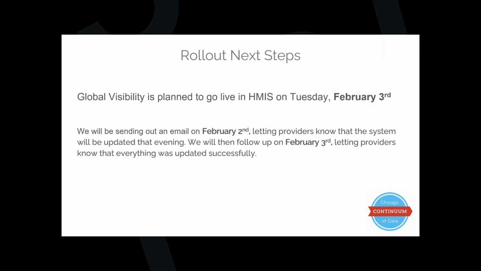We will then follow up on the 3rd to let providers know that everything was updated successfully. So when February 3rd happens and you go into the system for the first time, you are not going to notice anything different. It's going to be exactly the same. You're not going to be able to see information that was already in the system that you previously couldn't see. Everything is going to remain the same until new data gets added.